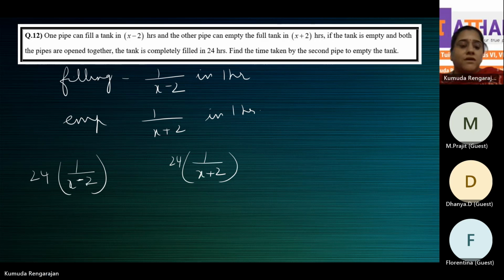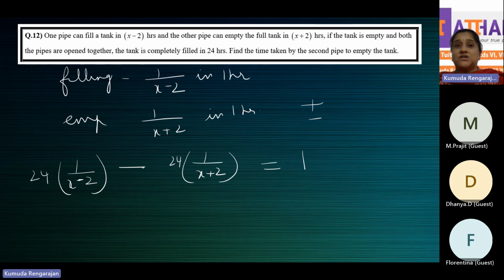Now, this one and this one working together, they complete the task. So when they're working together, the tank is full. That means it's equal to 1. Now, is this a sign of addition or subtraction? When they're doing opposite actions, it is subtraction.